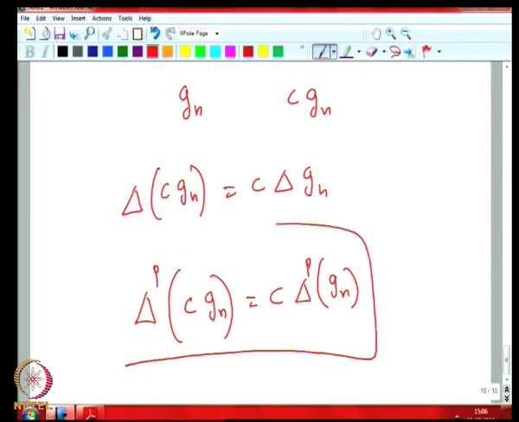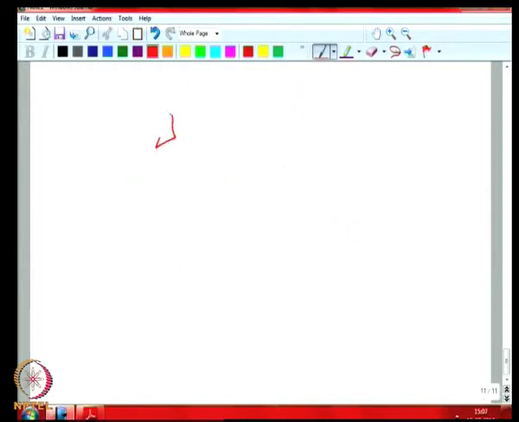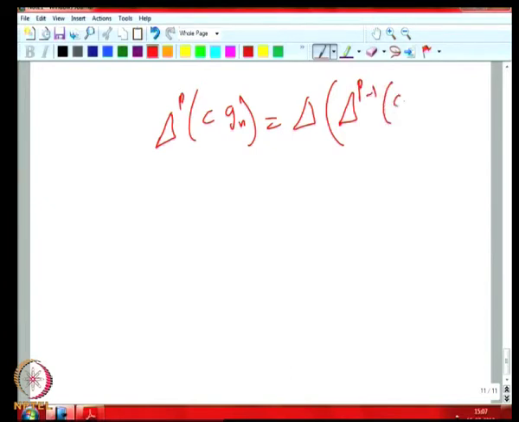This second statement can easily be proved by induction, because we proved it for the p equal to 1 case. Now, if you want to prove it for general p, what we see is that delta raised to p of C times Gn is actually delta of delta p minus 1 of C times Gn.